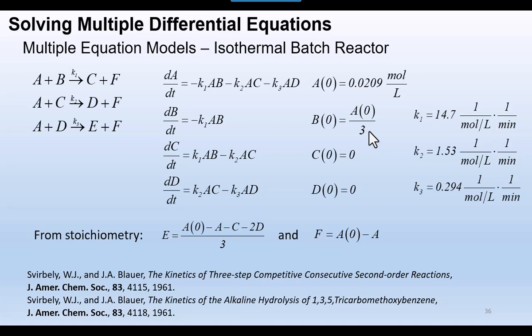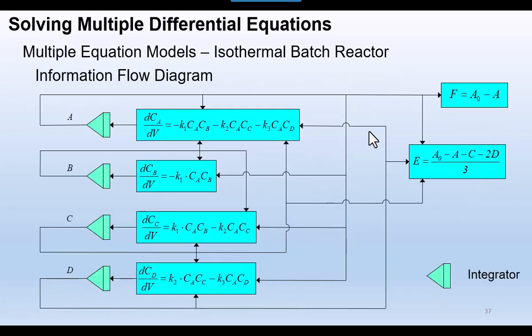So what we're going to do is depict it in an information flow diagram, which is more complicated than the first one. We don't show all the constant parameters needed here, but we show how all the variables are required and can be interconnected with information flow.